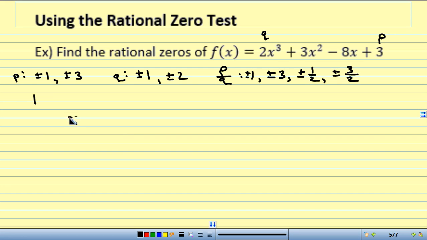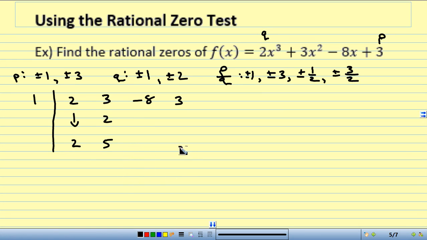Start off with your synthetic division, dividing by 1. I always do. So I've got 2, 3, -8, 3. So bring down your 2. 1 times 2 is 2.